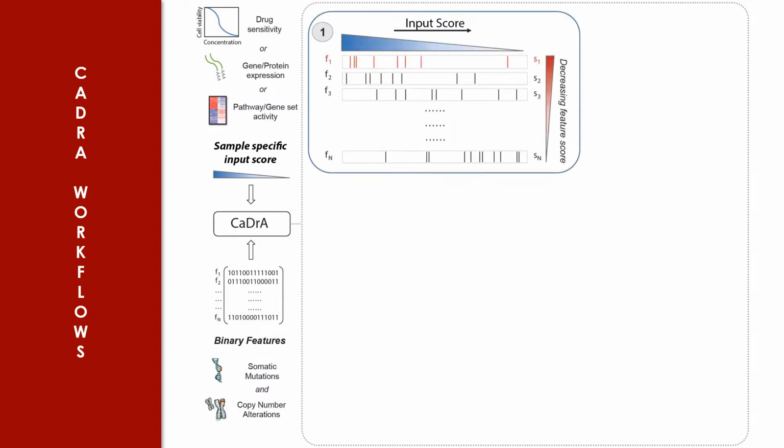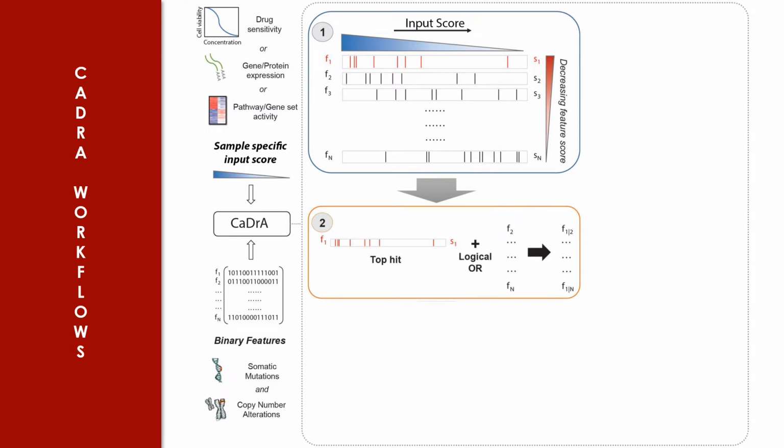First, CaDrA chooses a starting feature, which is either a single feature having the best score based on a given scoring function, or a user-specified starting feature. In the next step, the union or logical OR of these features with each of the remaining features in the dataset is taken, yielding a meta feature with its corresponding score.